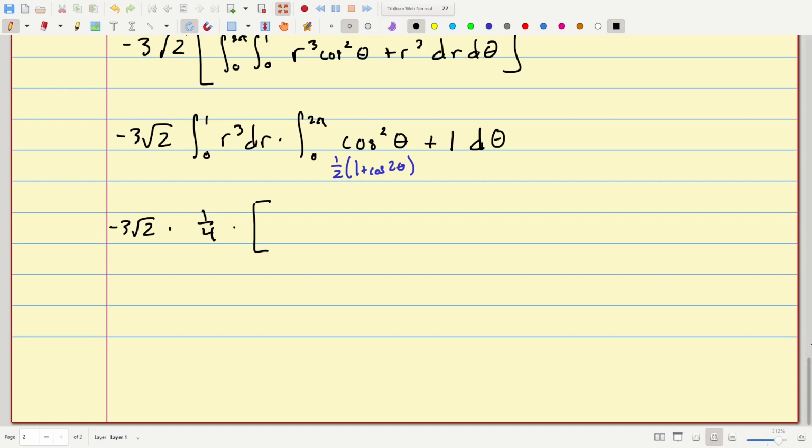When I integrate that, we're going to get theta over 2 plus 1/4 sine 2 theta, and then plus theta. We evaluate that from 0 to 2 pi. So we're going to get pi plus pi over 4.